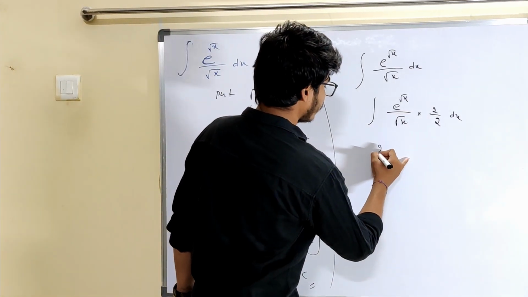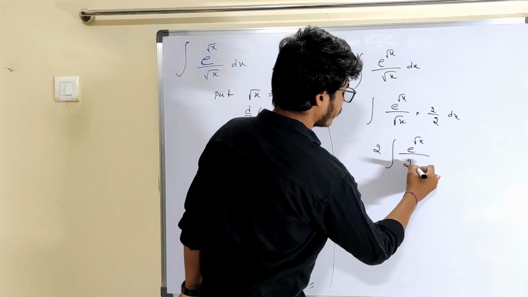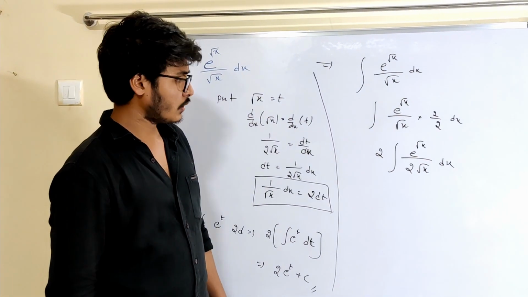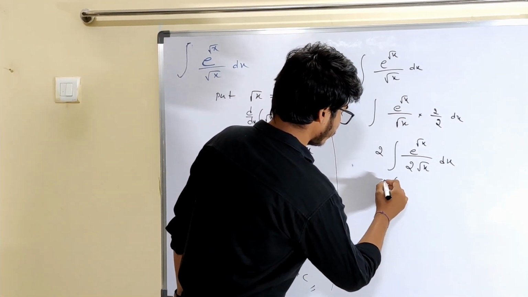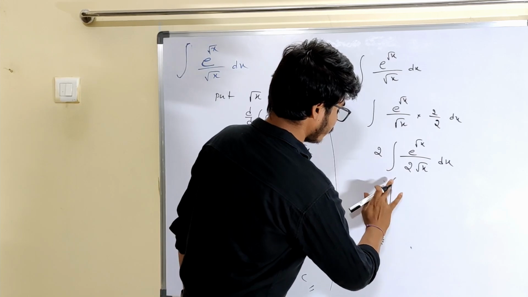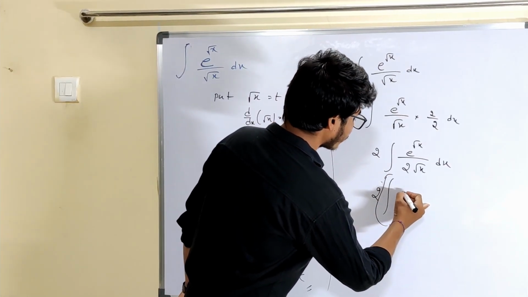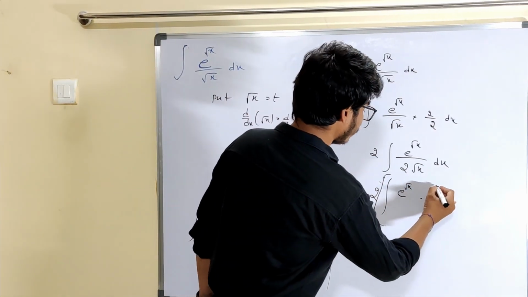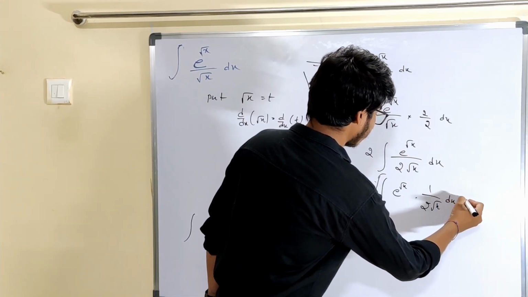So 2 into integral e power root x by 2 root x dx, and 2 into integral e power root x into 1 by 2 root x dx.